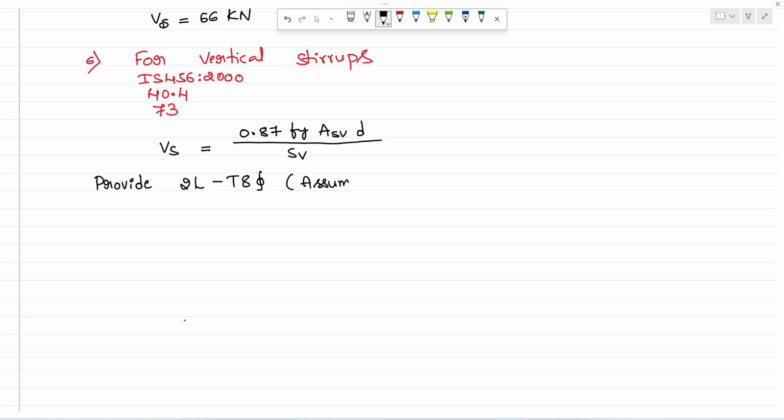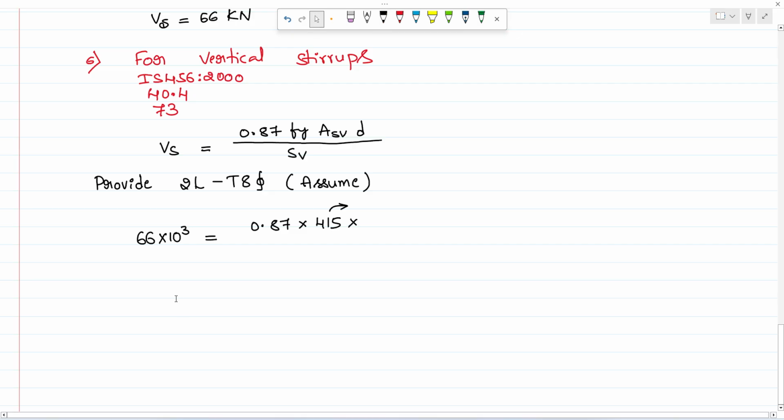I will assume this as my stirrup or shear reinforcement. For which Vs is 66 kilonewton into 10 power 3 Newton. So 0.87 multiplied by Fy. Fy is 415 for shear reinforcement.